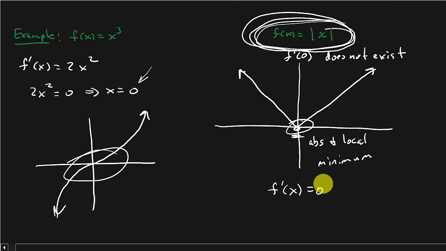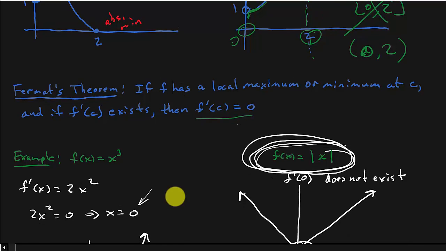But what's the point of these two examples? The point is you have got to be careful when you're looking at Fermat's theorem. You've got to think. What does it say?